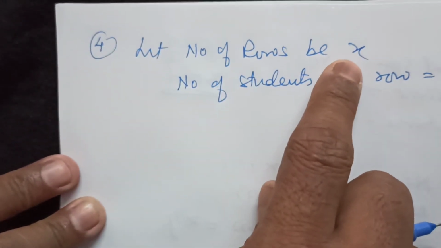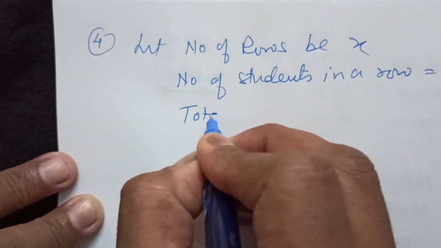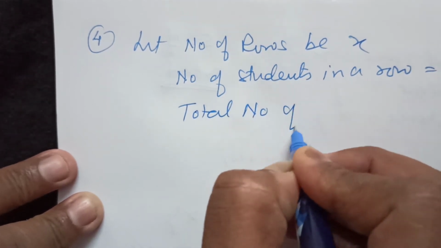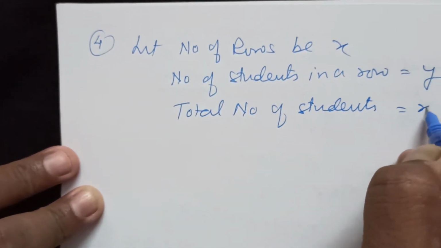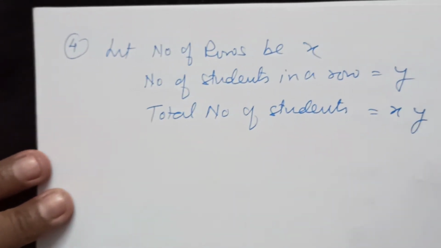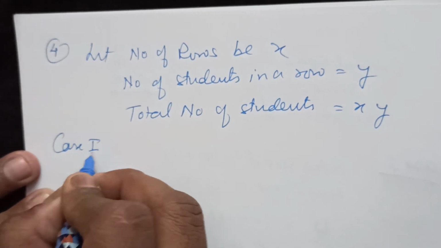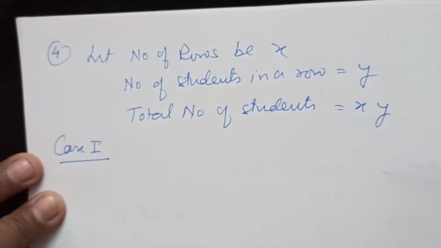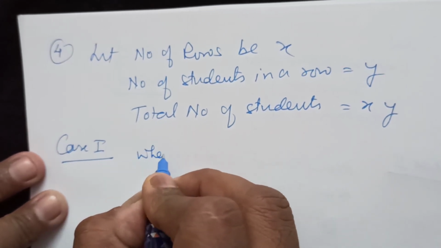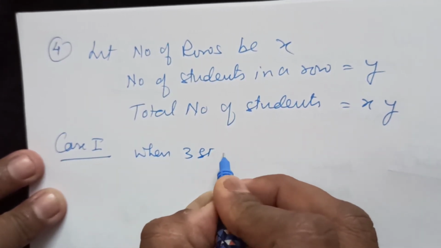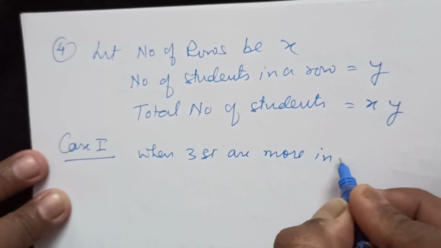If number of rows are x and number of students in a row are y, then total number of students will be x into y. Again, in this question there are two cases. First case, when 3 students are more in each row.